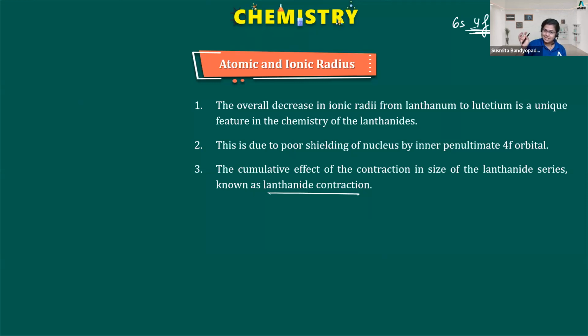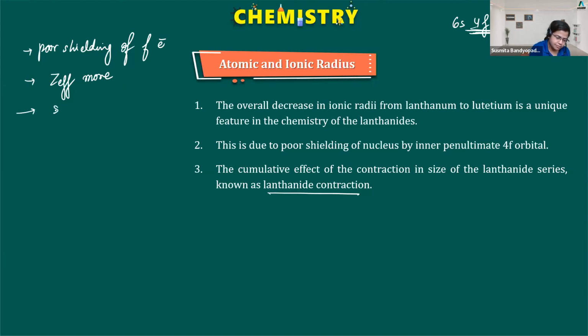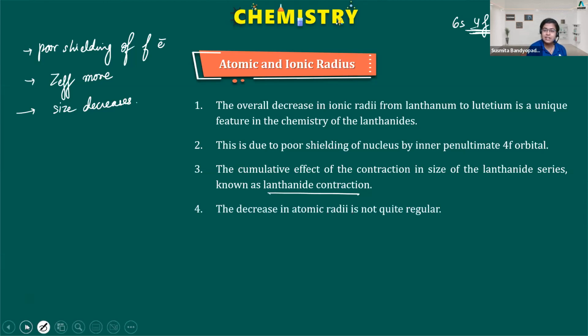They attract the valence electrons very effectively. So poor shielding of F electrons means the Z effective between the nucleus and the outermost electron increases, size decreases, and this is the basis of lanthanide or actinide contraction. Same logic.